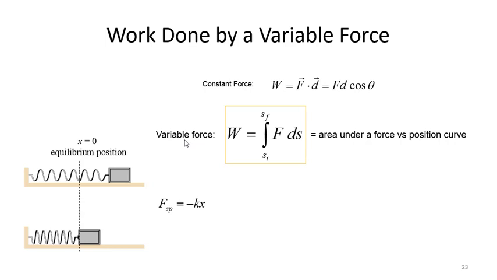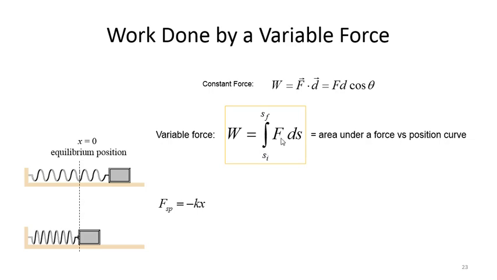So if we have a variable force, variable means the force is changing. If the force is changing, then in order to calculate the work, I need to take the integral of the force with respect to position. So the S here is just the generic way of saying position.